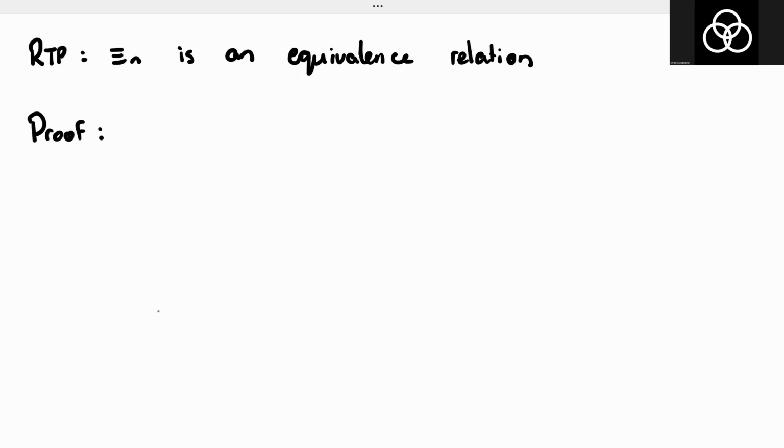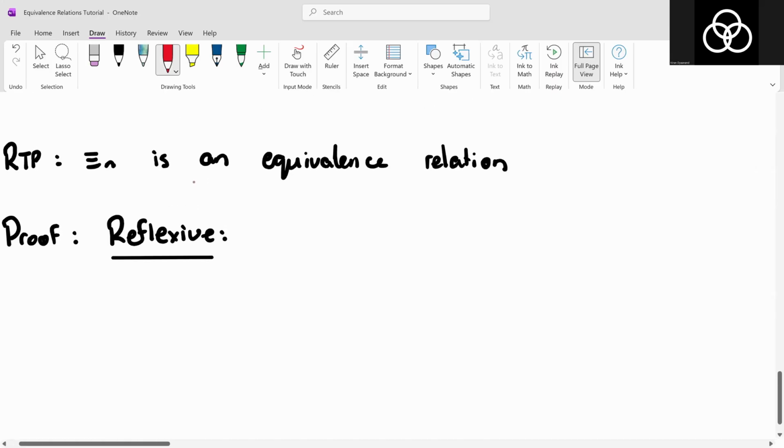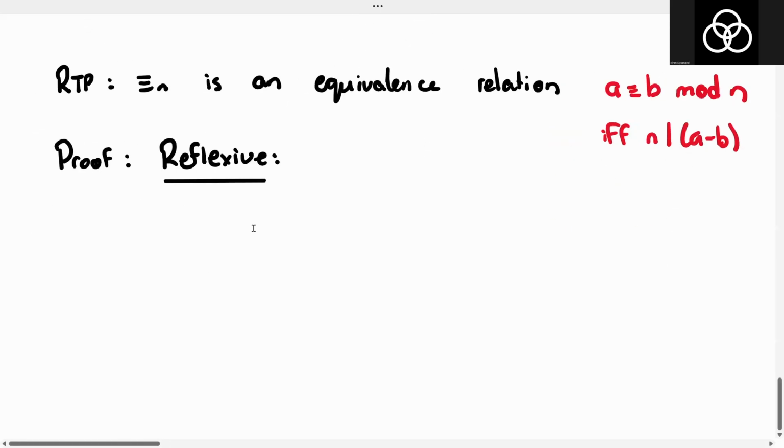All right, and as usual, the first thing we're going to show is reflexivity. We'll show it is reflexive. Right. So I'll just write it back here in red for you all to remember. So what is this relation? It says A is congruent to B mod n if n divides A minus B. So sort of just a sketch of reflexivity.